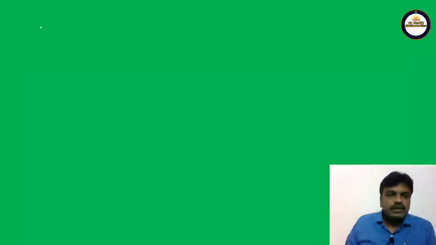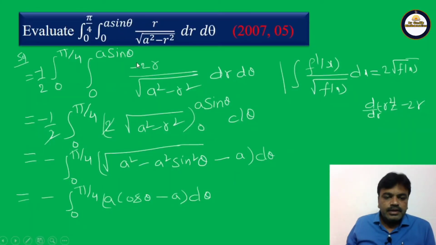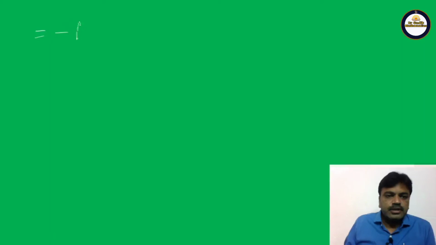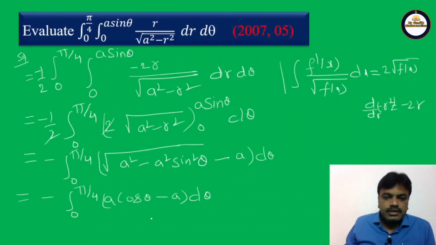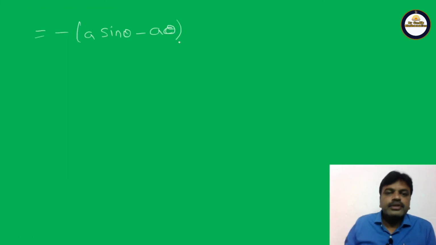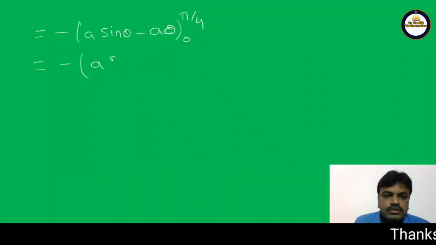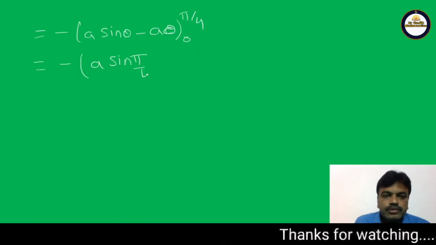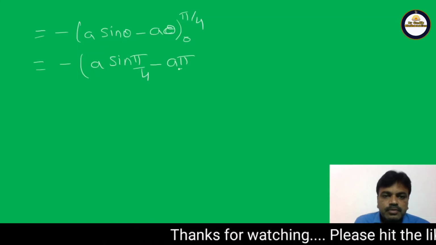Minus a into integral of cos theta is sin theta, minus a into integral of d theta is theta, between limits 0 to pi by 4. So that is equal to minus a into sin pi by 4, substituting the upper limit, minus a into pi by 4.